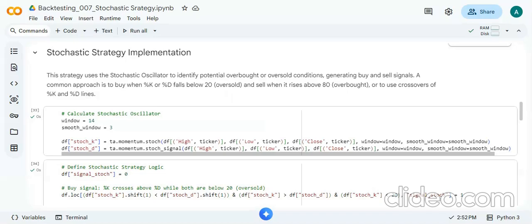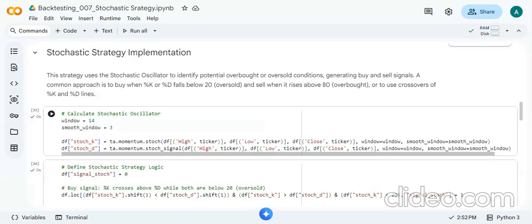You can check it on this pop-up link. And sell when it rises above 80, overbought. So here it is similar to our relative strength index, where we sell if the price goes above the 70 threshold of RSI, or use crossovers of the K and D lines, right?